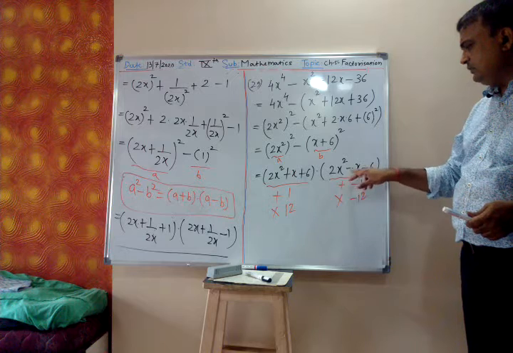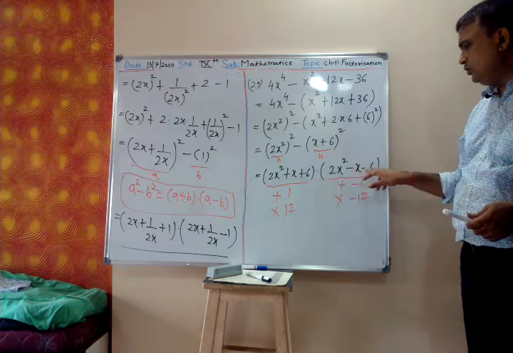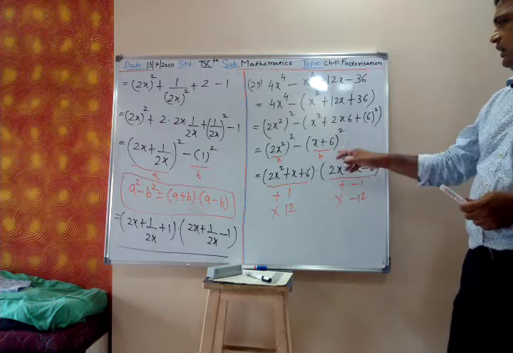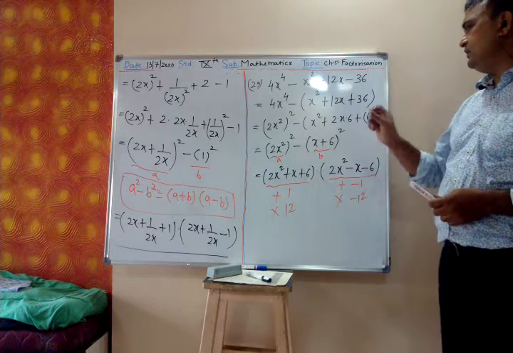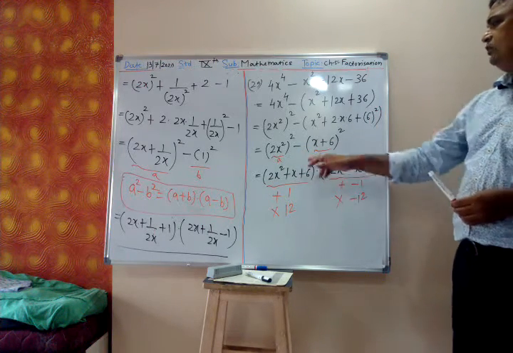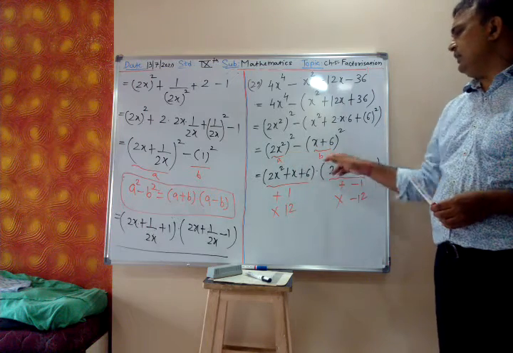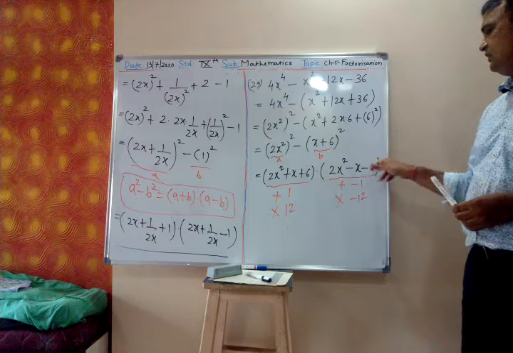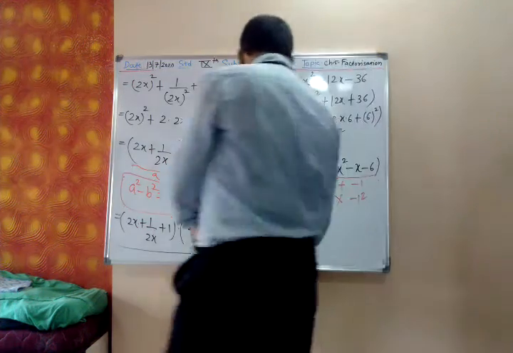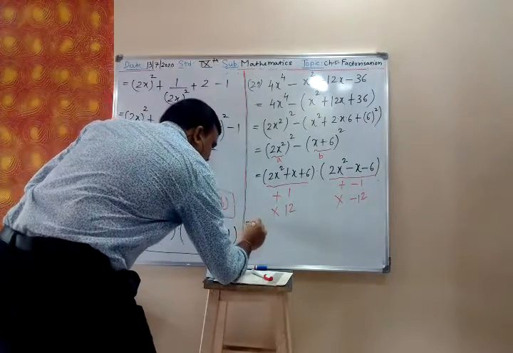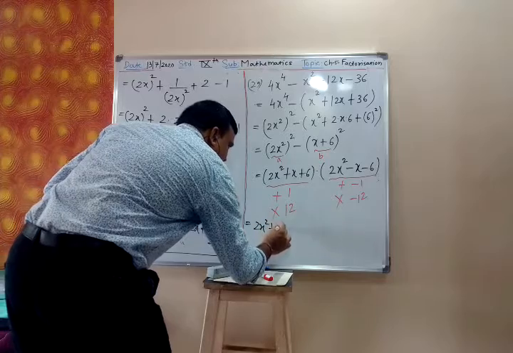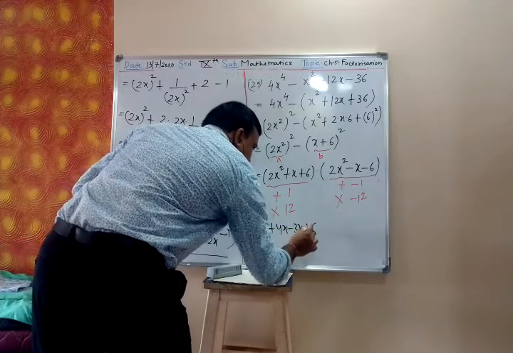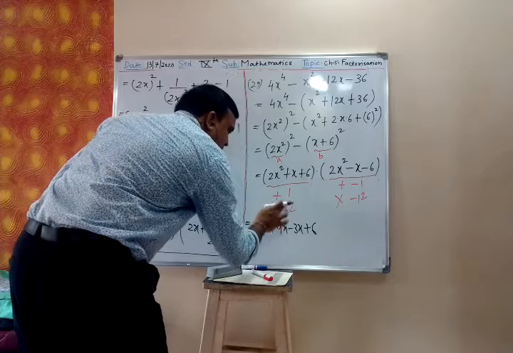Addition is minus 1 and multiplication is 2 into minus 6, minus 12. Above step, minus x plus 6. A square minus b square is a plus b into a minus b. Open the bracket, minus x minus 6. So this I will write 2x square plus 4x minus 3x plus 6. Plus 4 and minus 3 add, you will get plus 1.